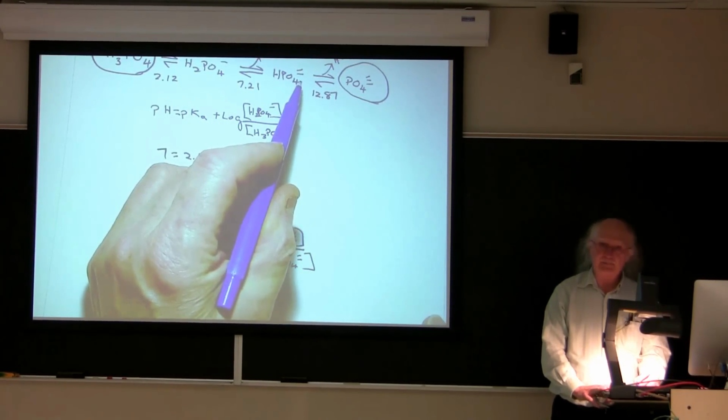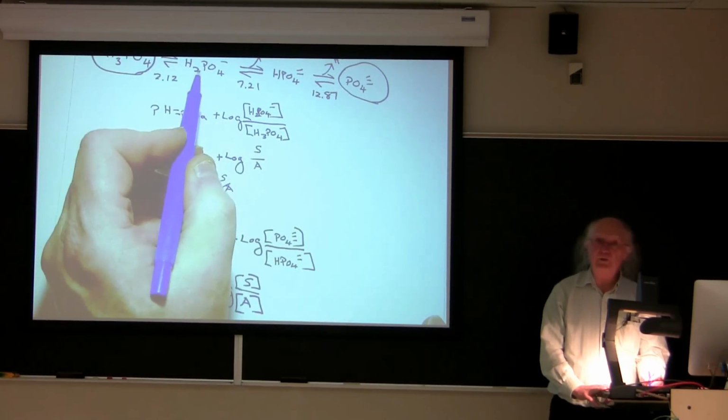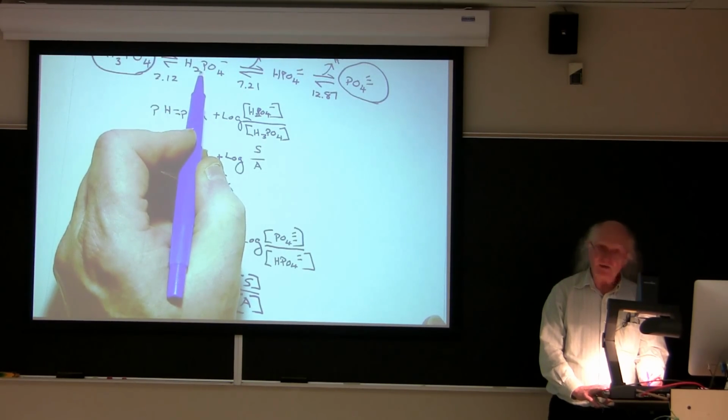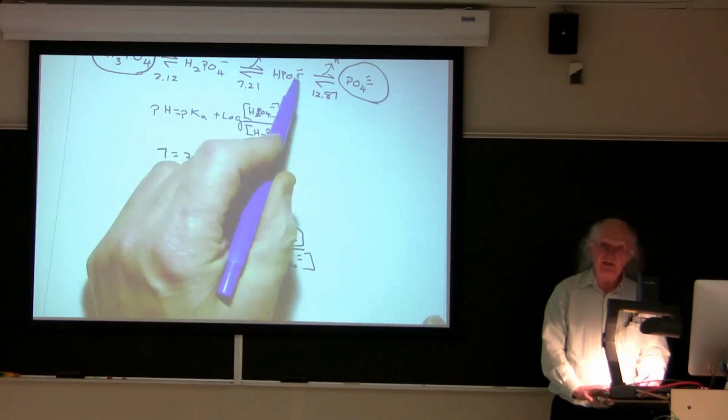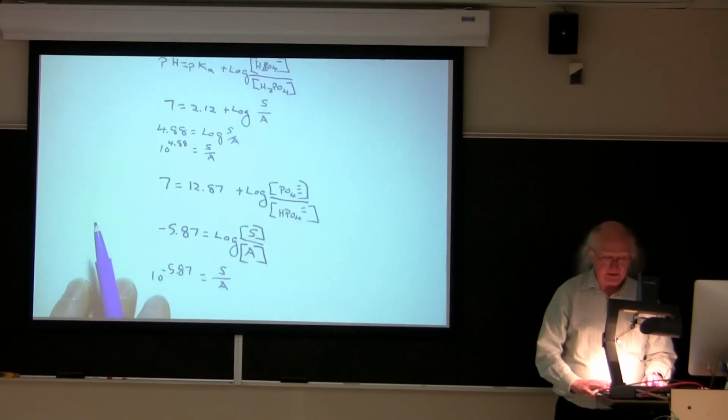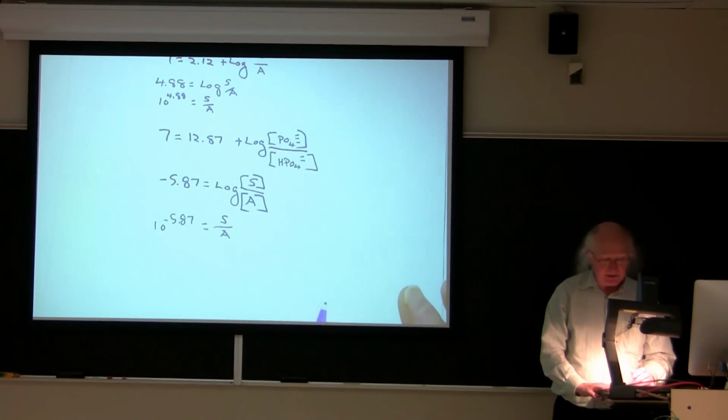Now, in the first reaction, H2PO4 minus was the salt. We see in this ionization it's the acid because it has one more proton than HPO4 minus minus. Well, let's plug these numbers in.